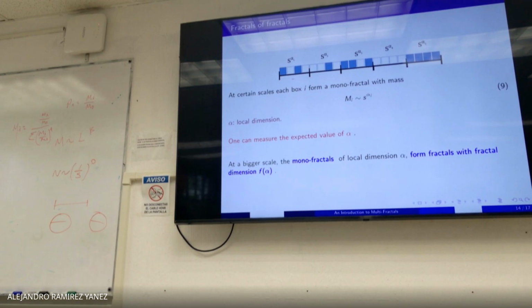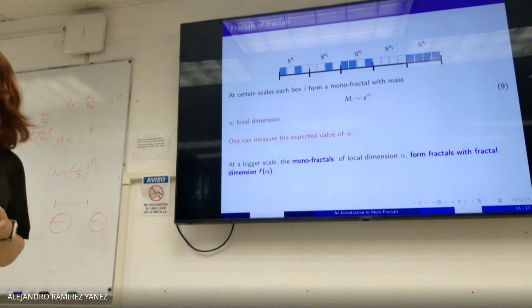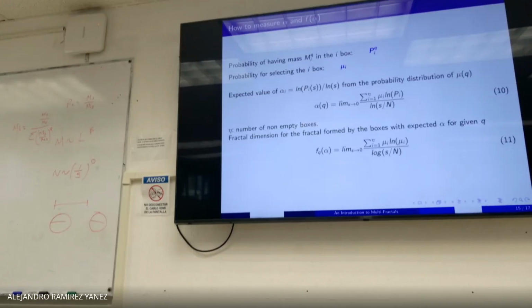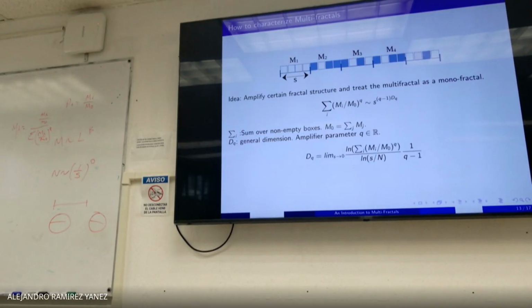Yes. So, for instance, if we just went back to the old Cantor set without changing masses, then mi over m0 would always be the same.